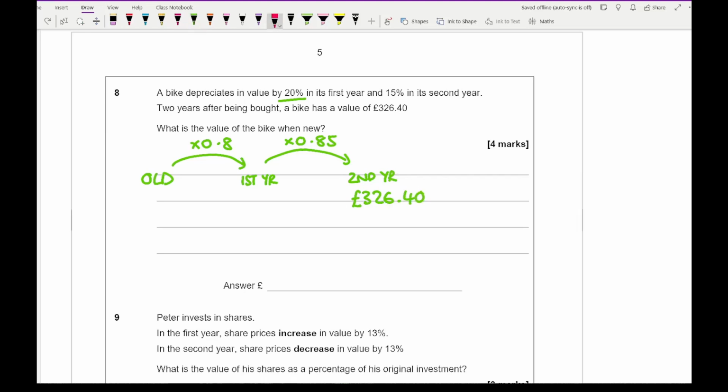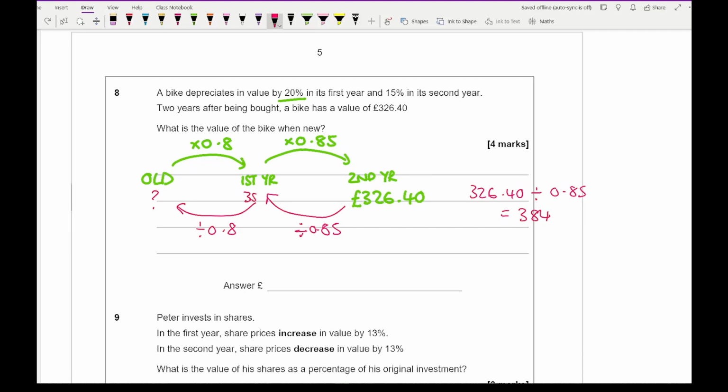£326.40. So then to work out the original price, which is what I'm wanting, I need to divide that number by 0.85, and then I need to divide it by 0.8. So then if I do 326.4 divided by 0.85, so let me just quickly do that on the calculator, divided by 0.85, that gives me a first year price of 384.